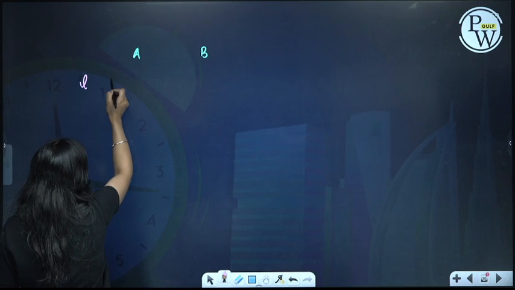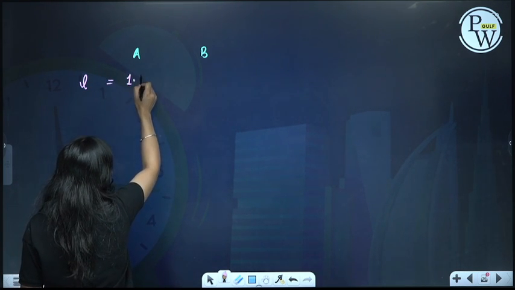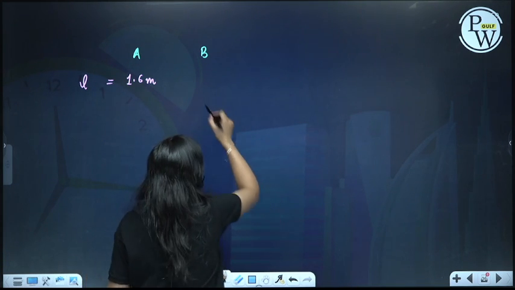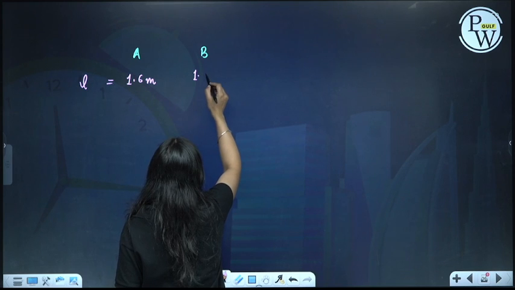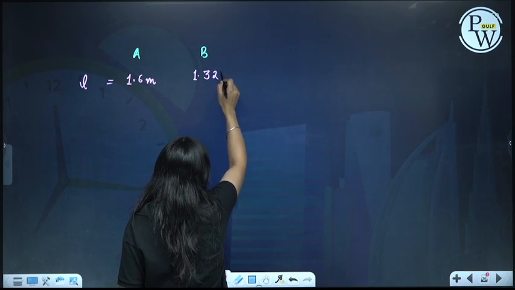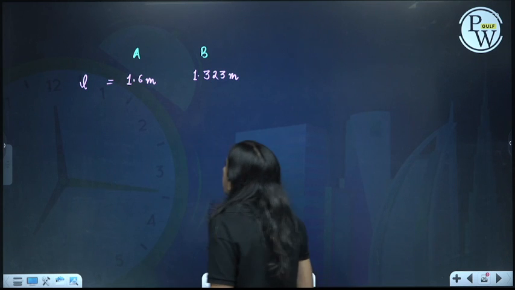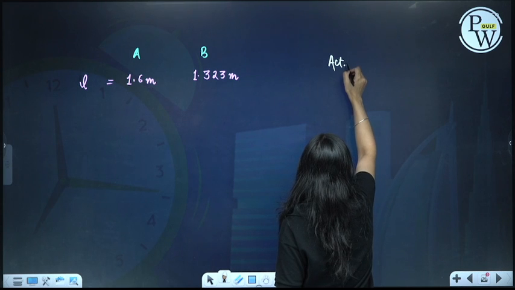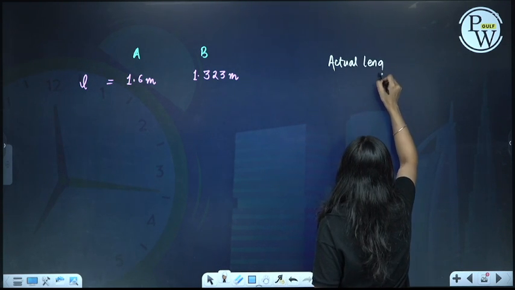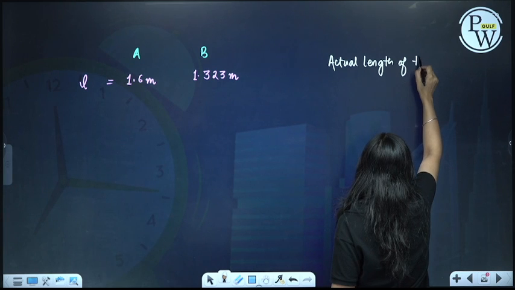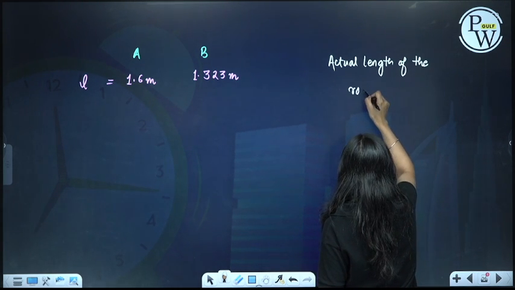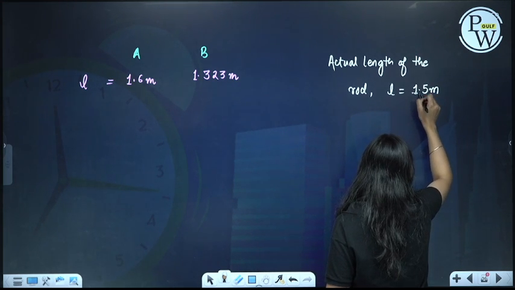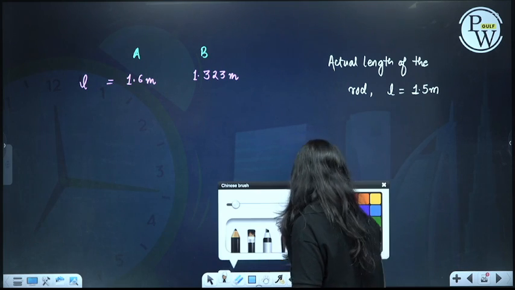So A reported the result as 1.6 meters, while B reported the result as 1.323 meters, and the actual length of the rod L is 1.5 meters.